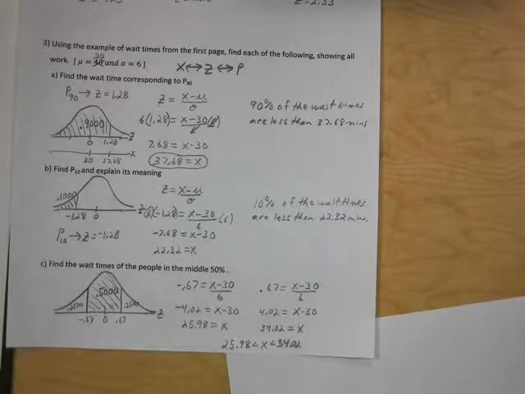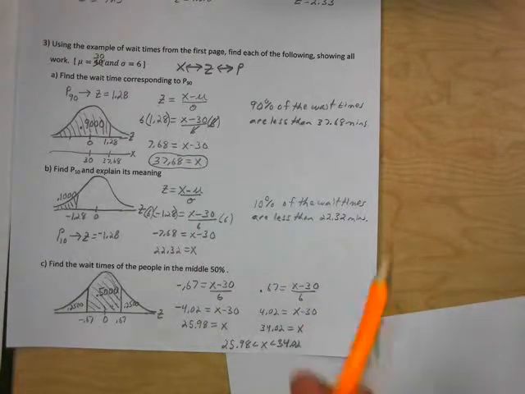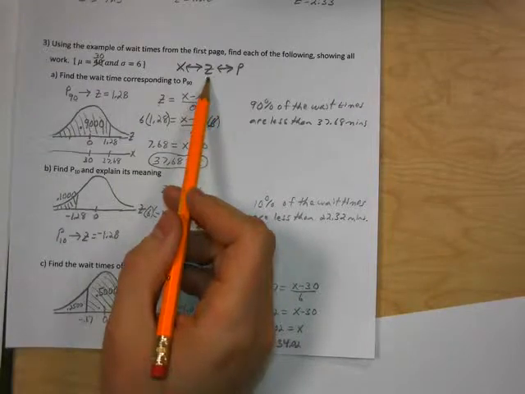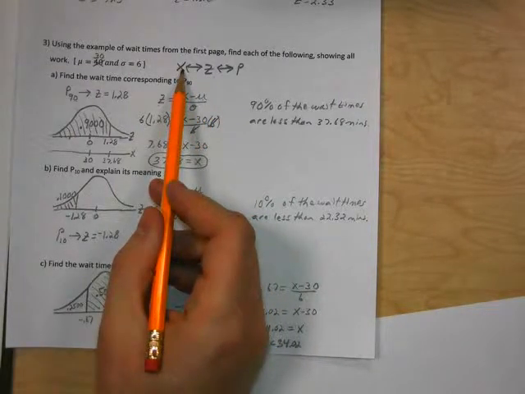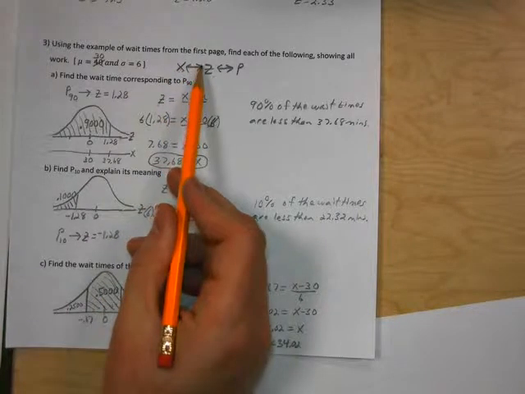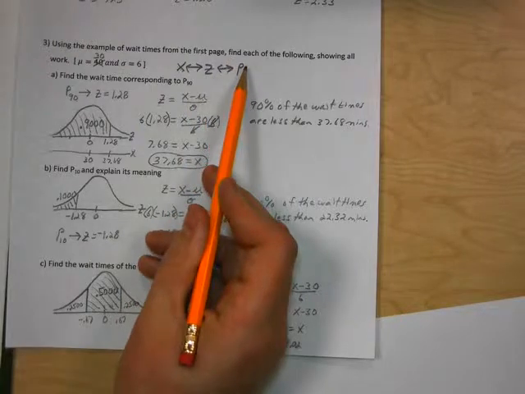Can you find the value of random variable x? You need to go through and practice several of these out of the book and the homework online. Once you get the hang of these, it's not too bad. But again, it comes back to this idea up here. If you start with x, such as what's the probability that a wait time is less than 35 minutes, you convert it to z and find the probability.